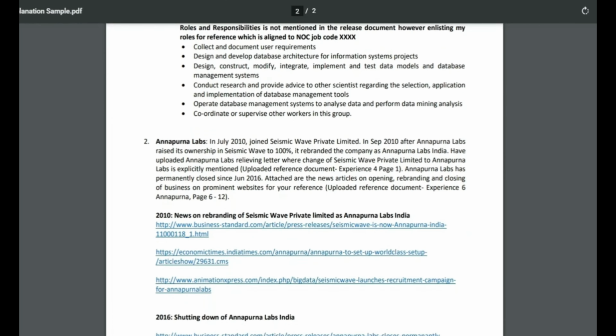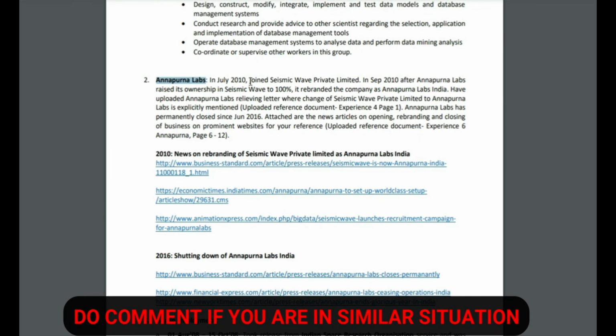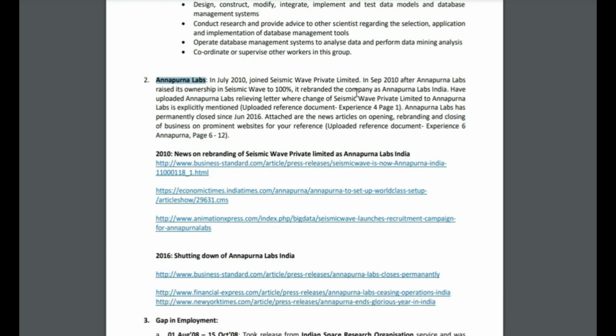Now coming down, you see a particular organization, when I joined them, immediately after a few months, this organization was acquired by a different organization and then they rebranded the company. Okay. And what I did, I uploaded the relieving letter where the change of this company has been mentioned.